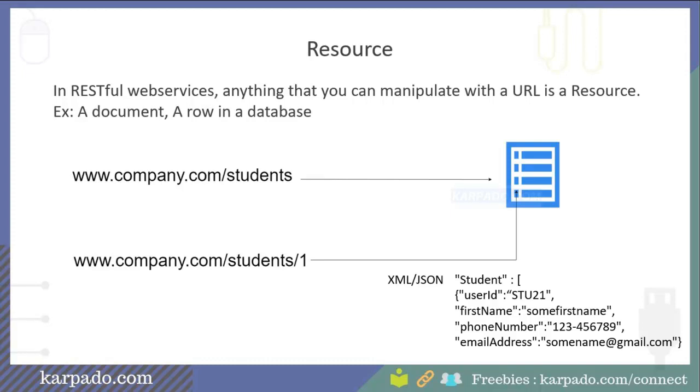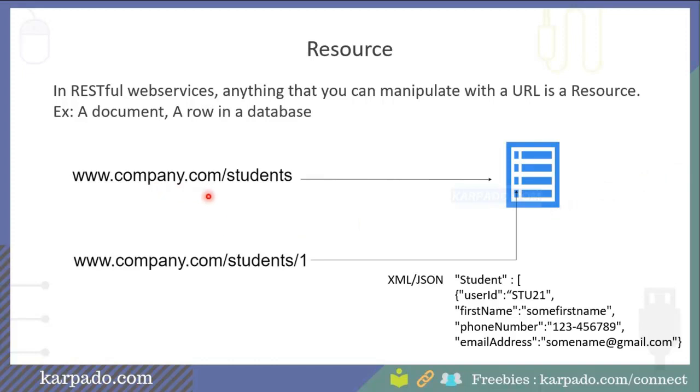If you're not exposed to web services, this might sound strange, that you'll be able to manipulate a database record with a URL, but that's what REST is meant for. In RESTful Web Services, even a record in a database is termed a resource because you can manipulate it with a URL, an example of which can be seen here.